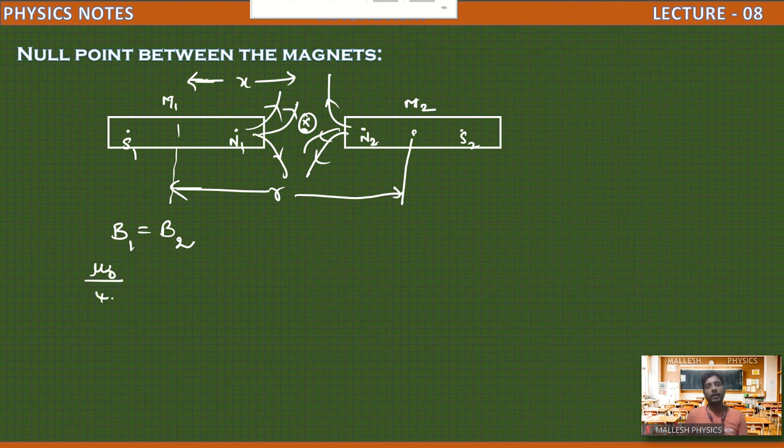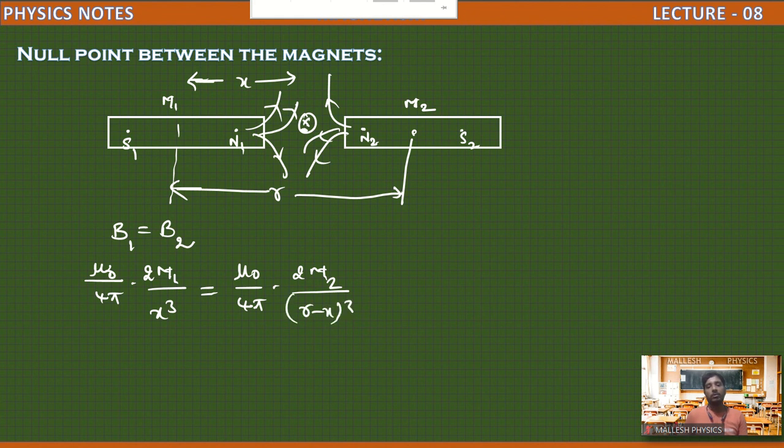Then mu naught by 4 pi into 2m1 by x cube, because this point is on the axial line, is equal to the magnetic field due to the second bar magnet, that is mu naught by 4 pi into 2m2 divided by the remaining distance, total distance r minus x, whole cube.